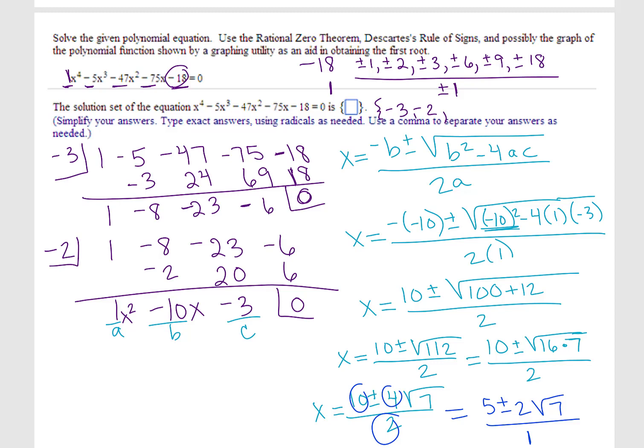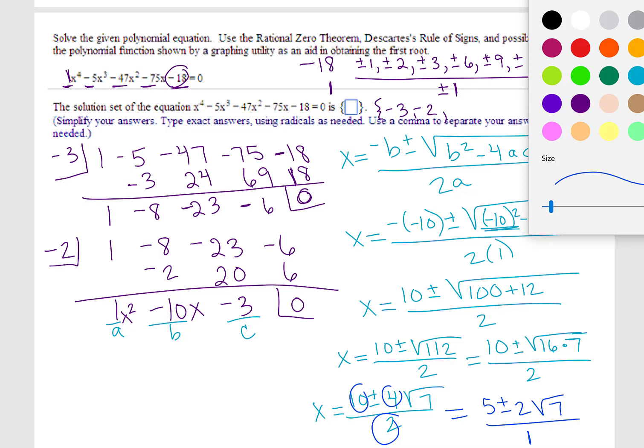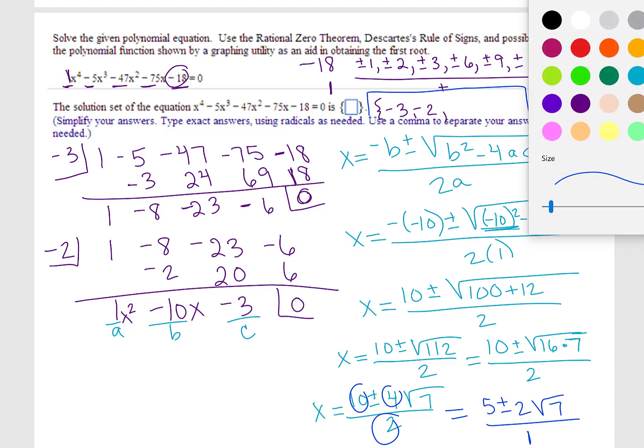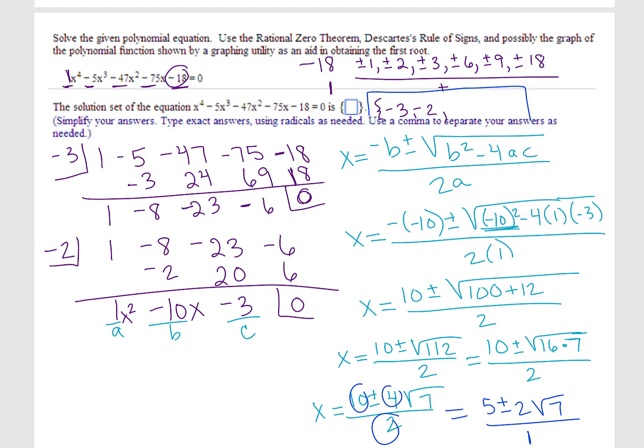So back up to my solution. My solution's up here. I'm going to erase that little portion of the 1. We have -3, -2, 5 plus 2 times the square root of 7, and 5 minus 2, oops, running out of room, times the square root of 7.